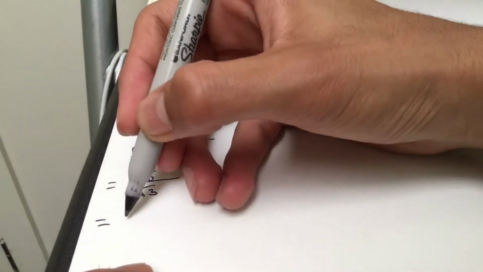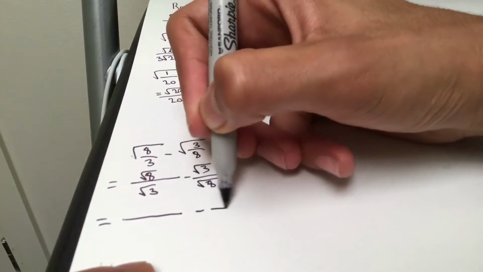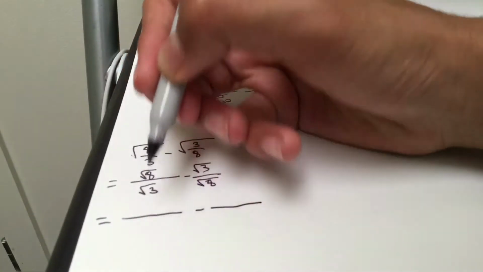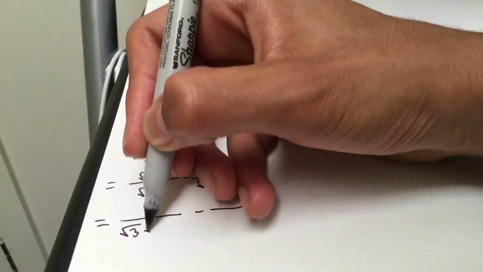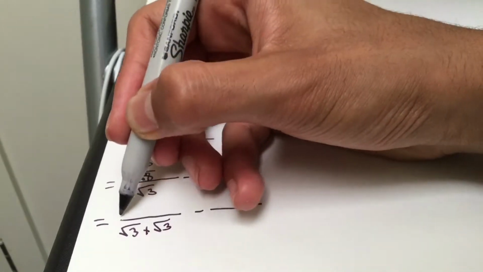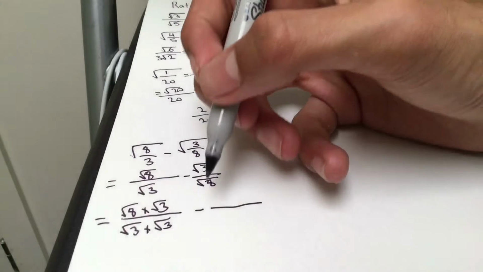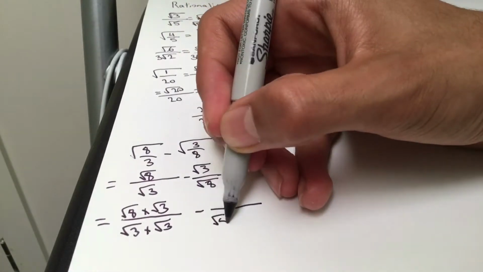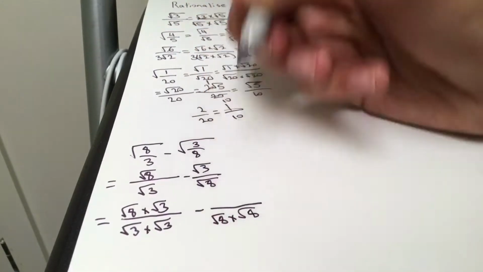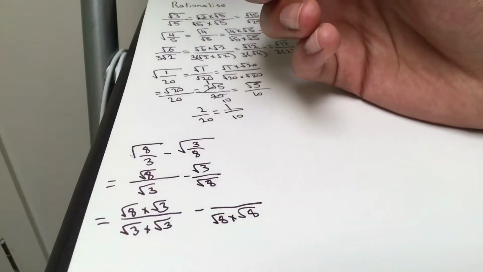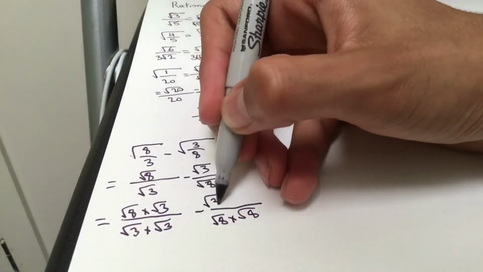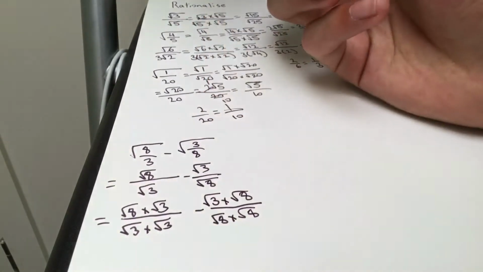The next step, we're going to rationalize both parts of our equation. So square root 3 times square root 3 and square root 8 times square root 3. And for the other side, we're going to go square root 8 times square root 8 and square root 3 times square root 8.